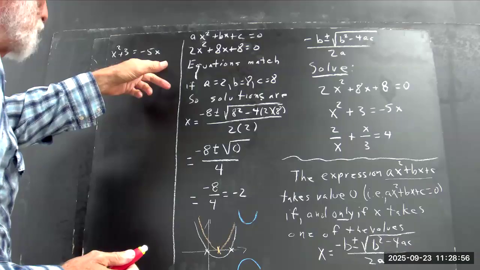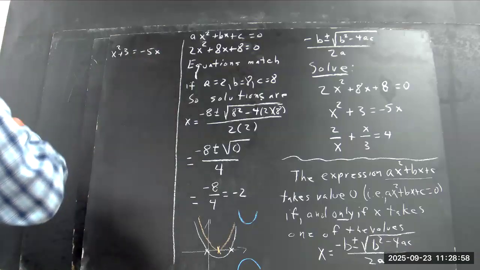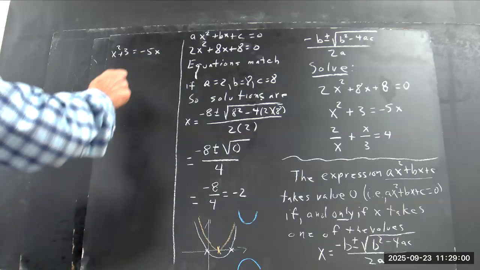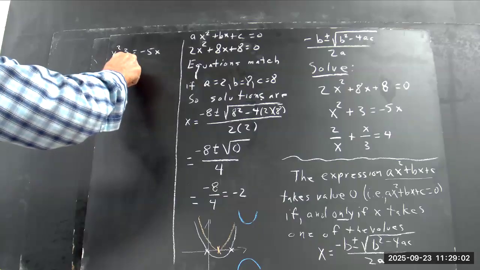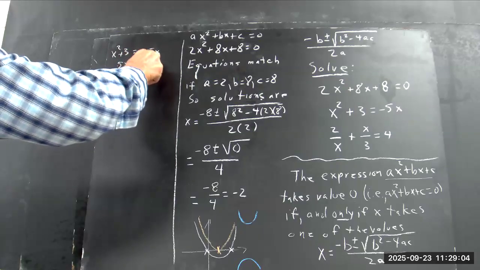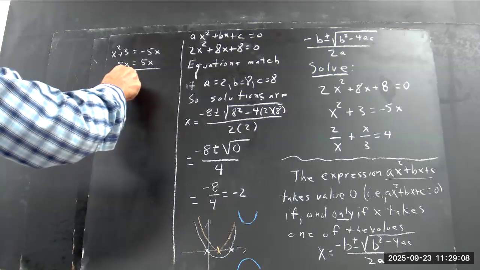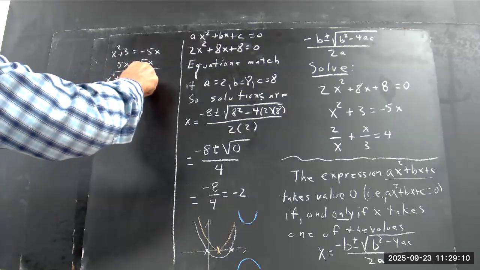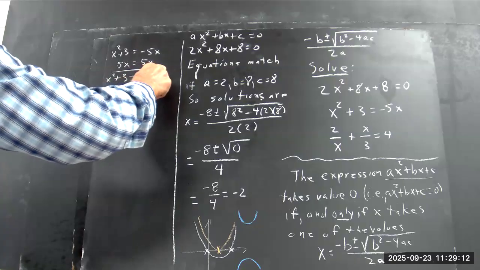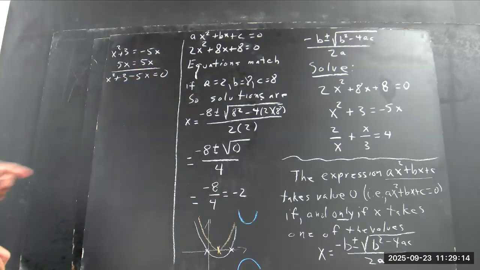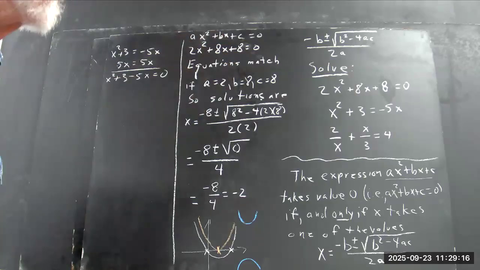Well, we got to have 0 on one side of the equation and everything else on the other side. So we add 5x and we get x squared plus 3 minus 5x equals 0.